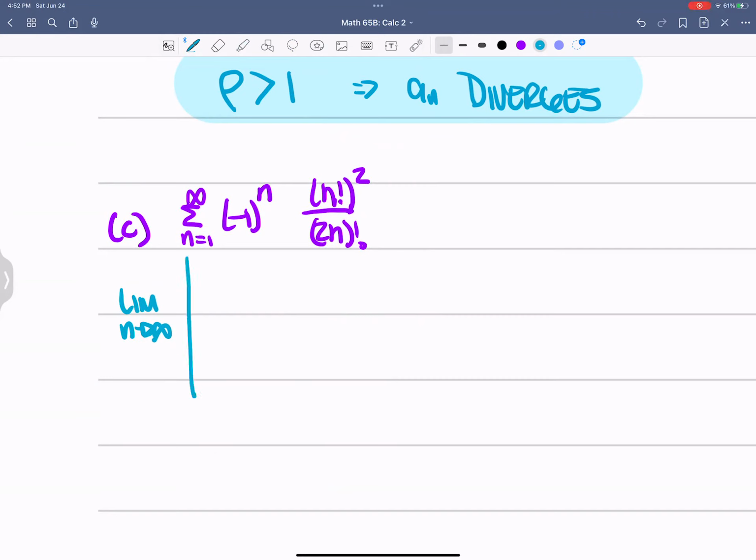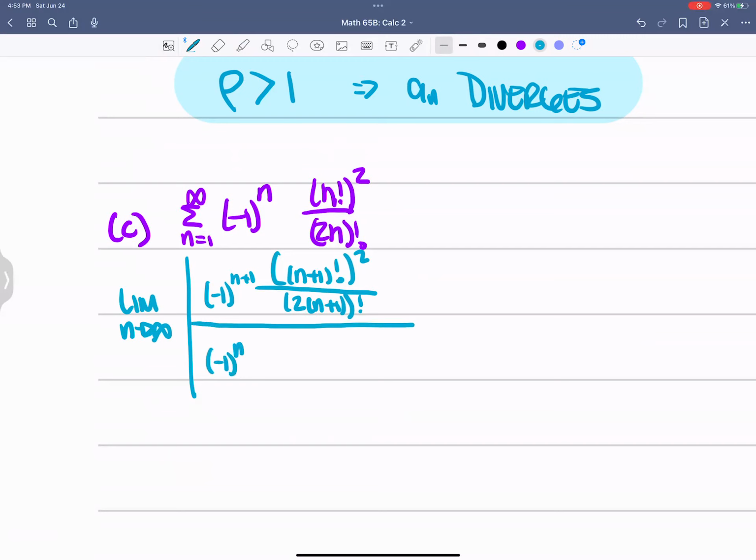We're looking at the absolute value of -1 to the n plus 1th term, times n plus 1 factorial squared over 2 times n plus 1 factorial. And in the denominator, we have -1 to the power n, and we have n factorial squared over 2n factorial.